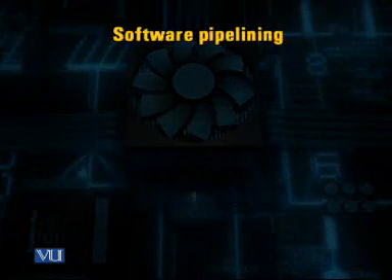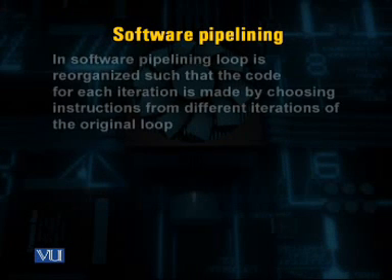Global code scheduling can be performed by using two different methods known as trace scheduling and superblocks. We will discuss these techniques one by one. First of all, let us discuss what software pipelining is.